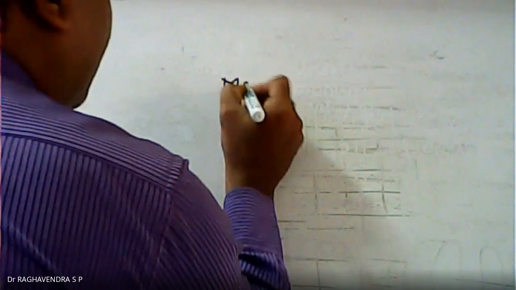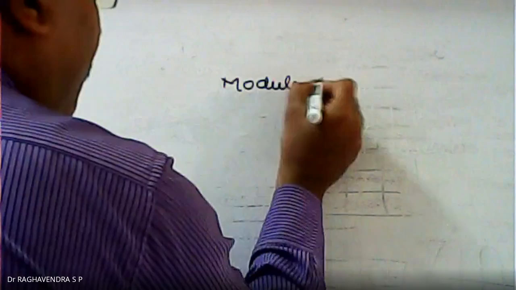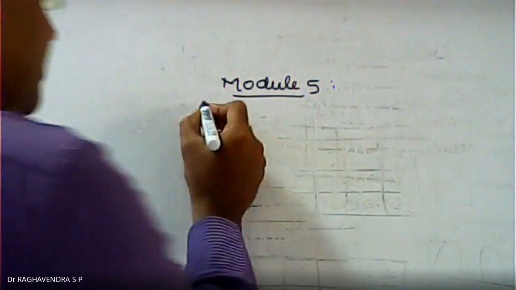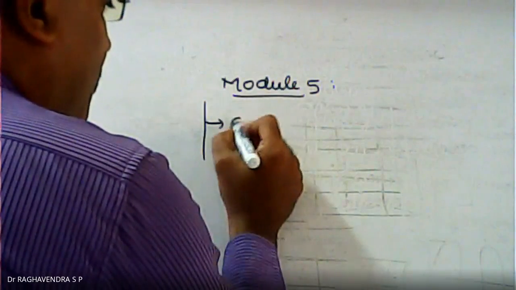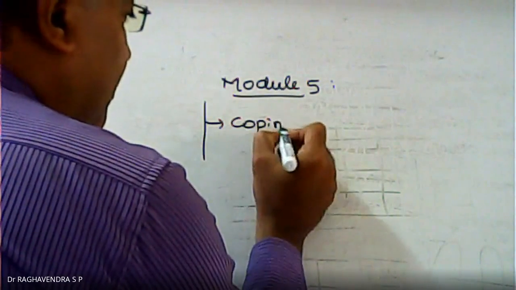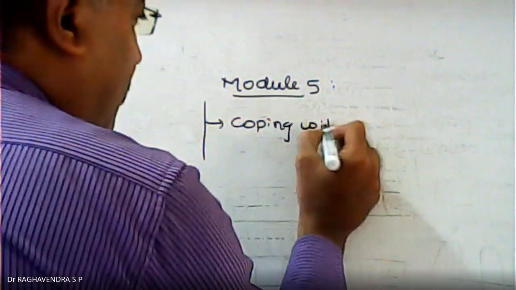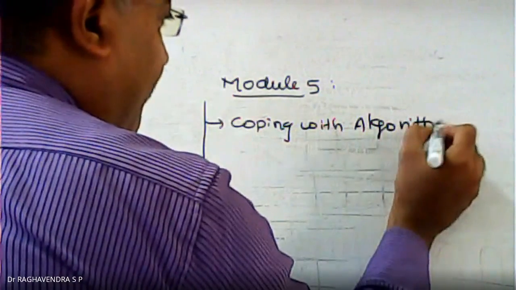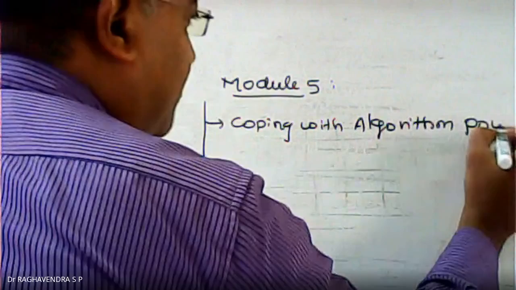Today I am going to discuss module 5. Under this we have coping with the limitations of algorithm power as the topic.